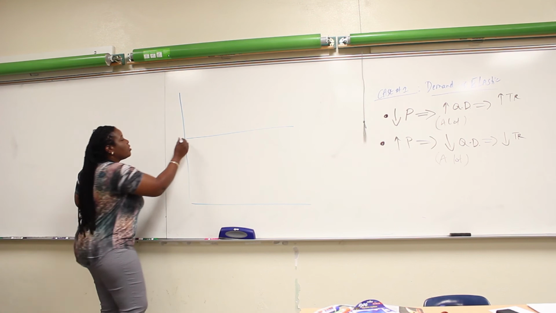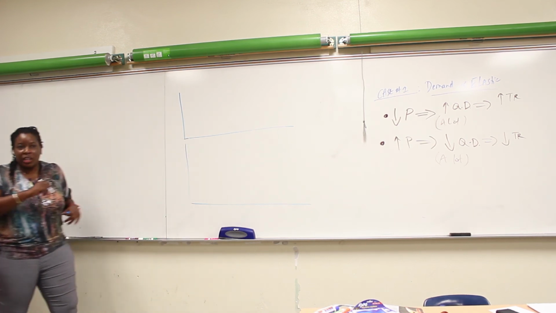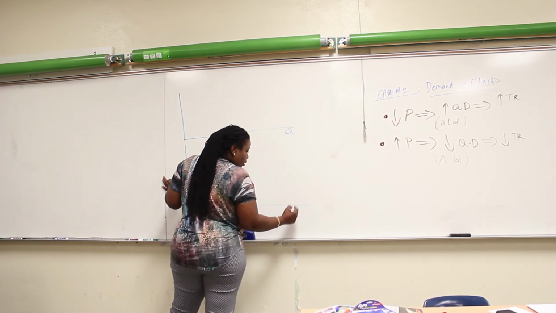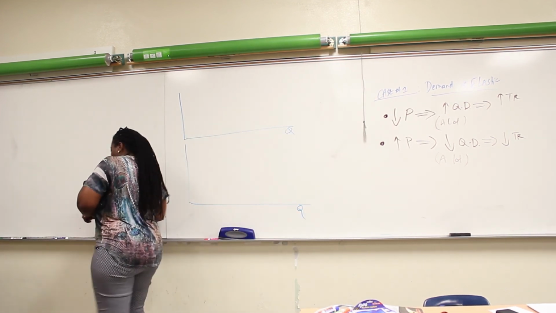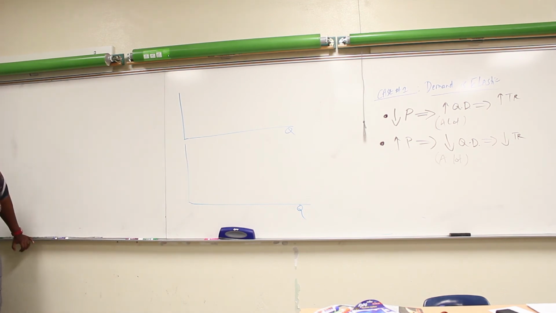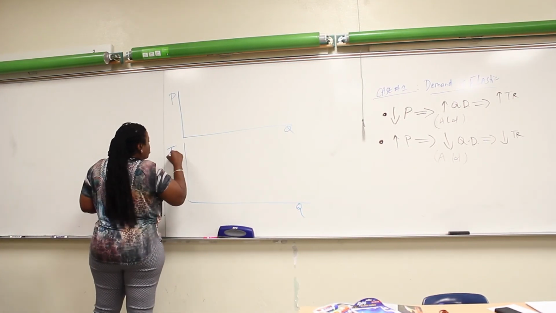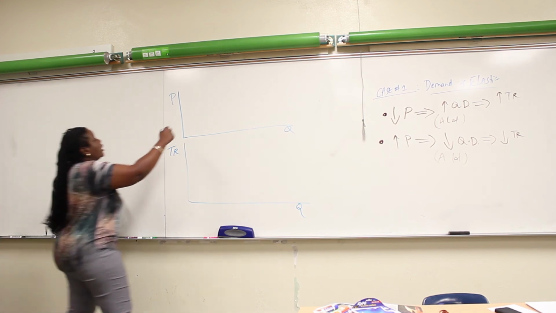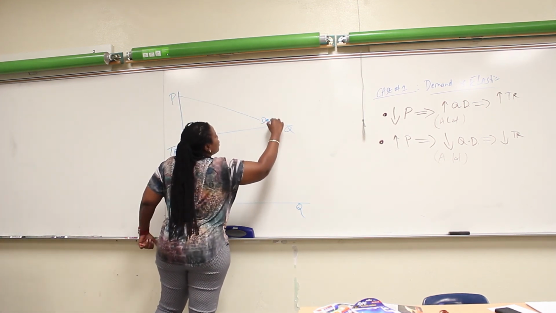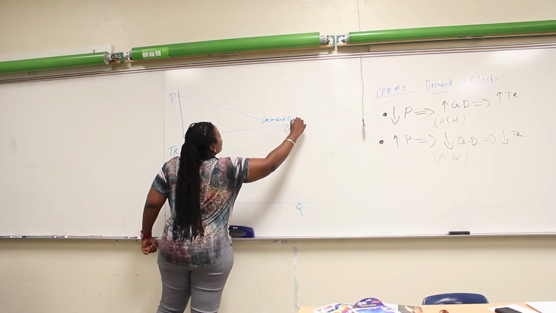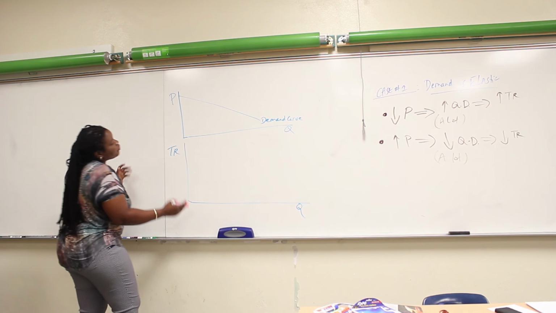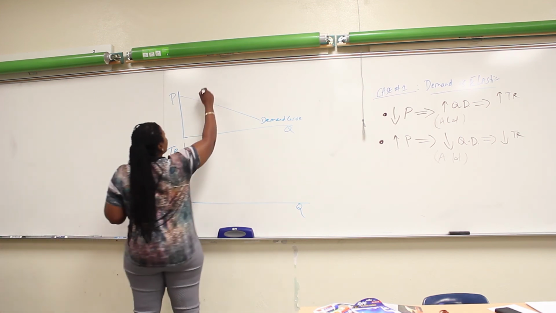We're basically trying to measure 3 variables in a 2-dimensional space. What I mean is, we're going to measure quantity here and quantity there. And here I'm going to measure total revenue. Let's get the price and quantity. This is the demand curve. And then right in the middle of your demand curve, you can estimate it.